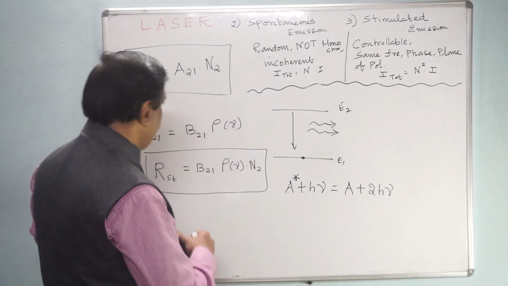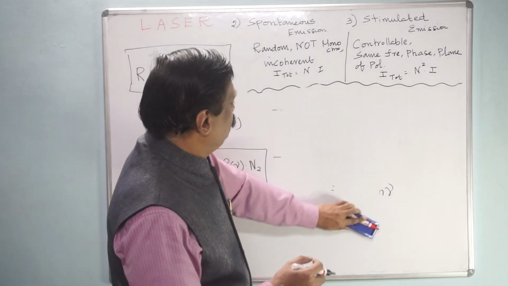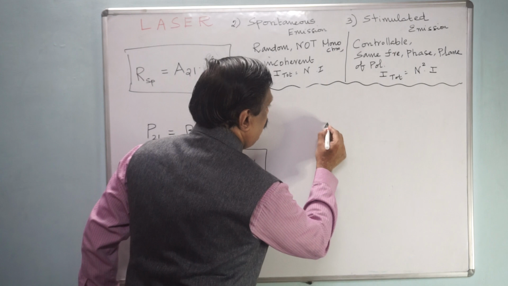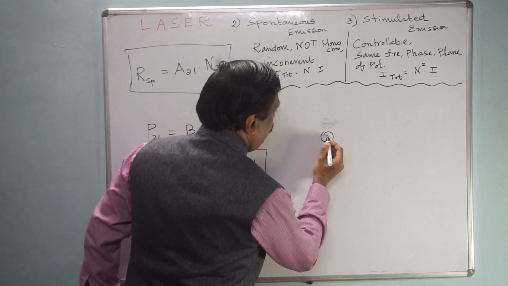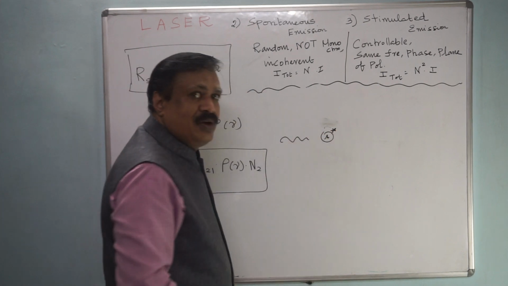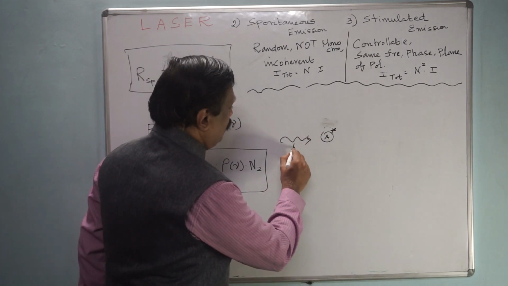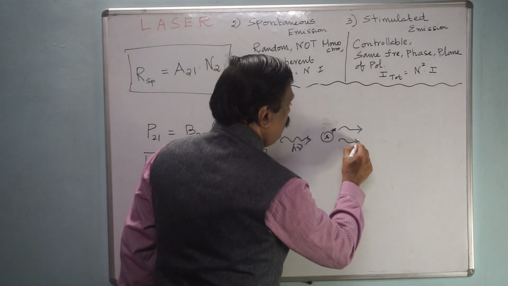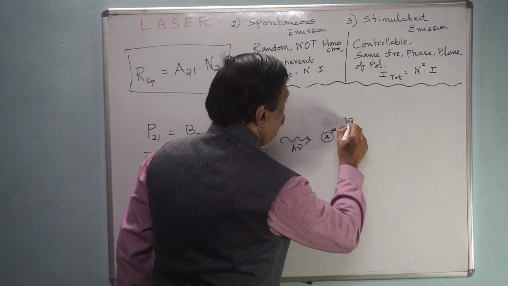Intensity is amplified. I will write in a different diagram. Now a single atom is there, in an excited state, and you are giving one photon h nu, and now this emits two, h nu and h nu.